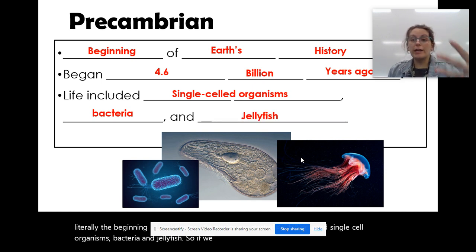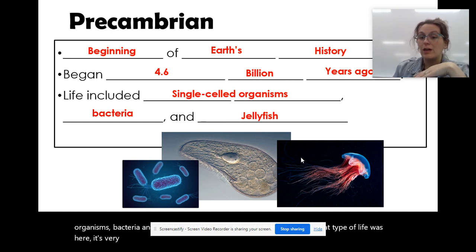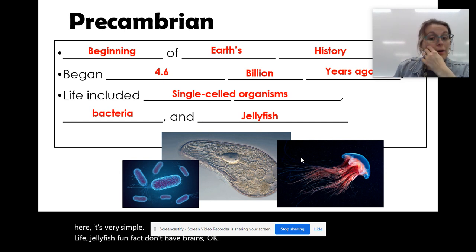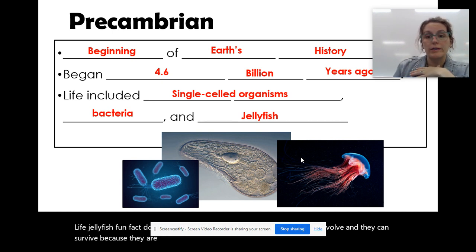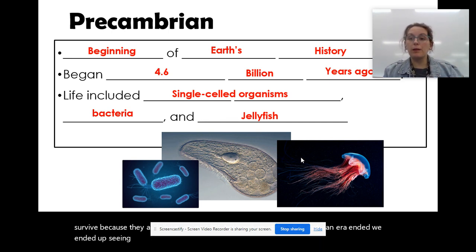So if we look at what type of life was here, it's very simple life. Jellyfish, fun fact, don't have brains. And because of that, they can evolve and they can survive because they are simple organisms.